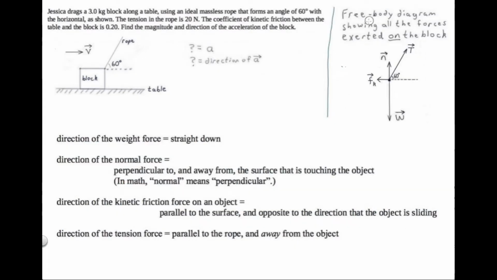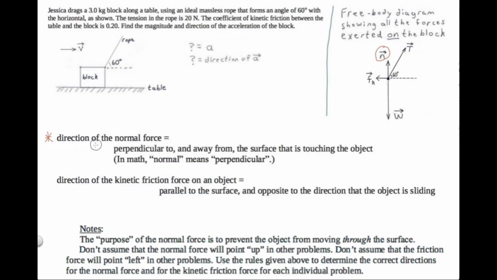The purpose of the free body diagram is to indicate the directions of each of the forces on the object. Here's the rule for determining the direction of the weight force. The weight force always points straight down. Here's the rule for determining the direction of the normal force. The normal force points perpendicular to and away from the surface that is touching the object.